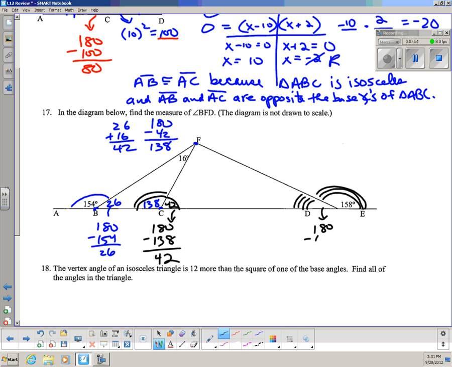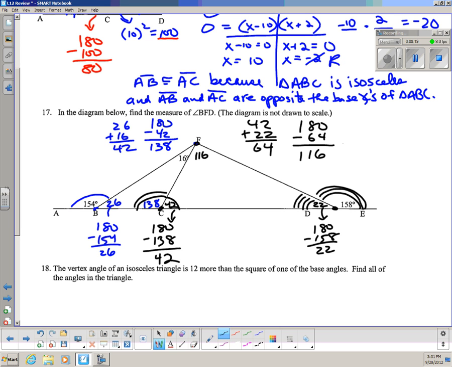So 180 minus 158 is 22. Now I have triangle CFD, where I can find angle CFD by adding up the 42 and the 22, which is 64. 180 minus 64 is 116. So this angle is 116.